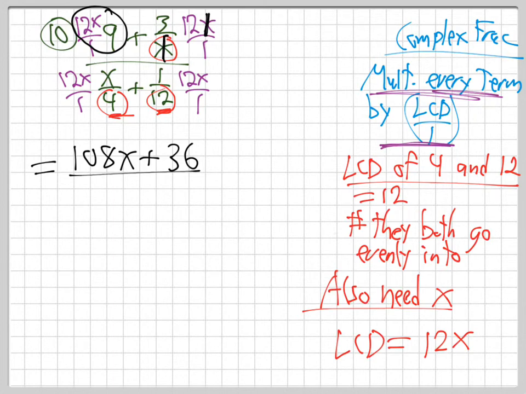What happens on the bottom down there? 4 goes into 12 3 times. So you cross-cancel whatever you can cross-cancel. What are you left with down there? 3x squared. Does everybody see that? Plus 12 cancels 12x. Fortunately, there's more.